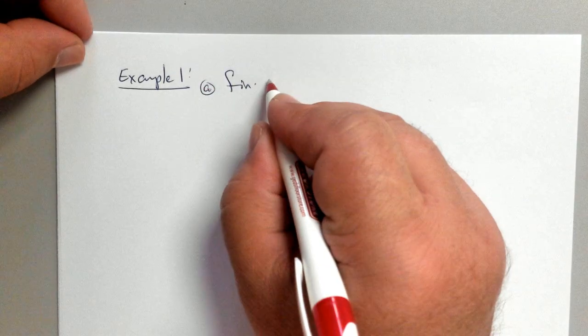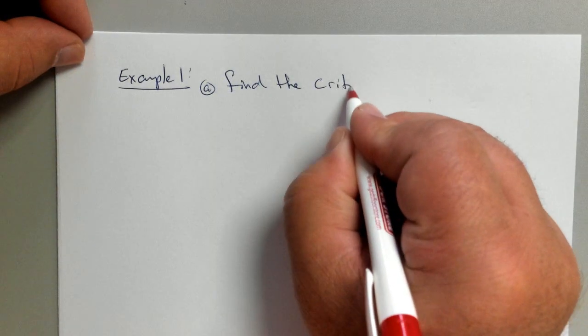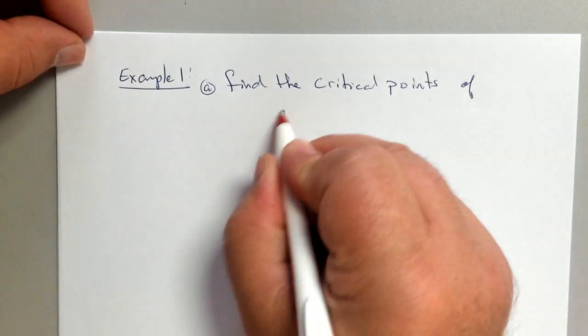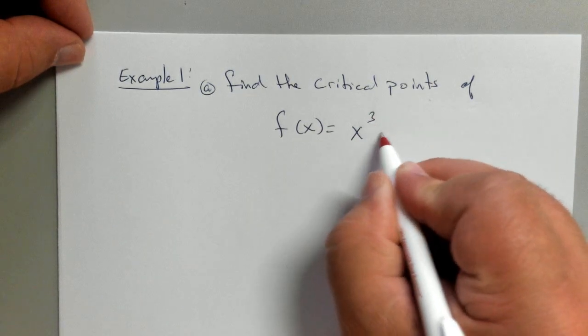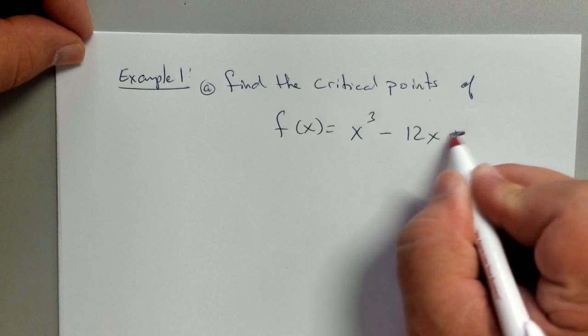A. Find the critical points, critical value points, of the function f of x equals x cubed minus 12x minus 5.